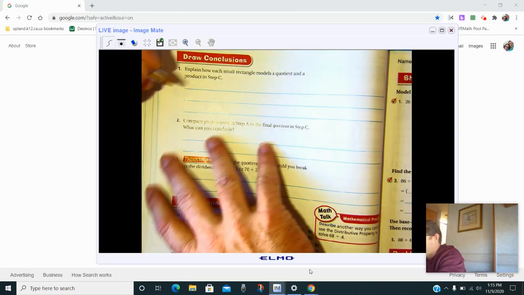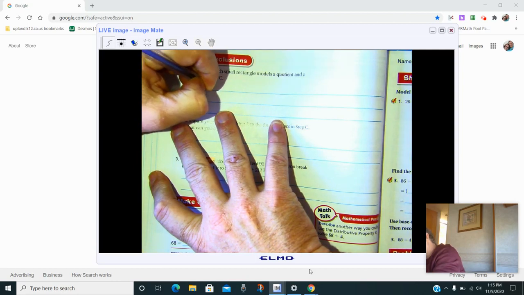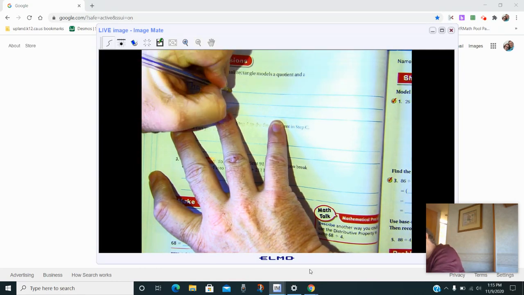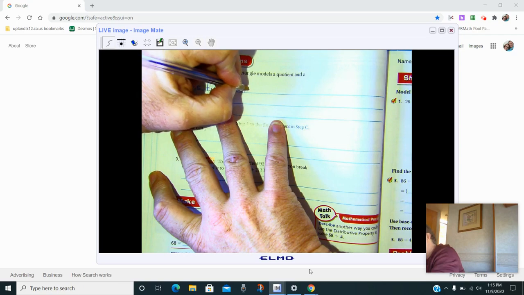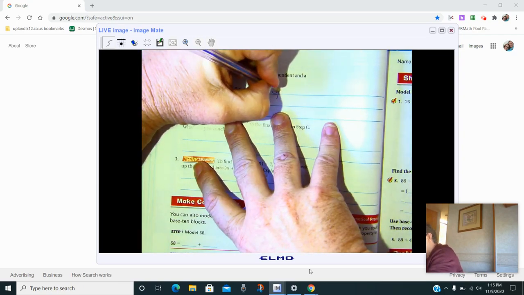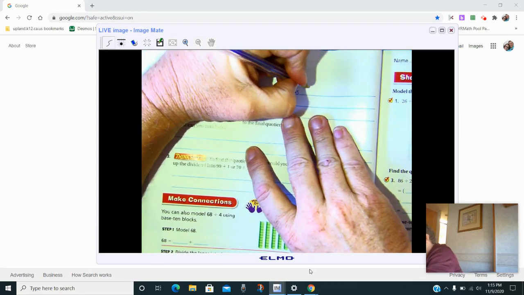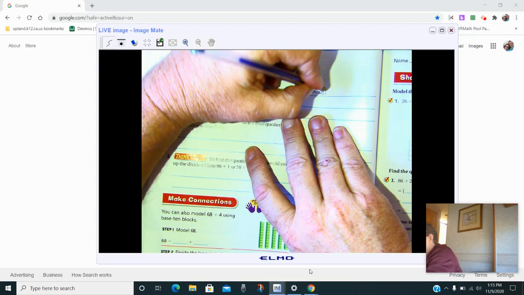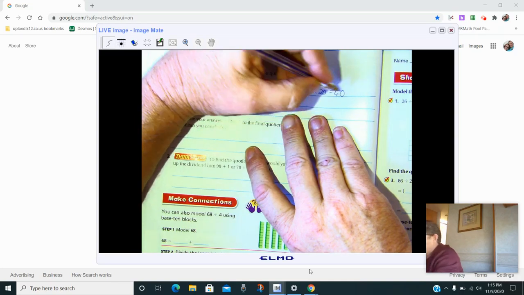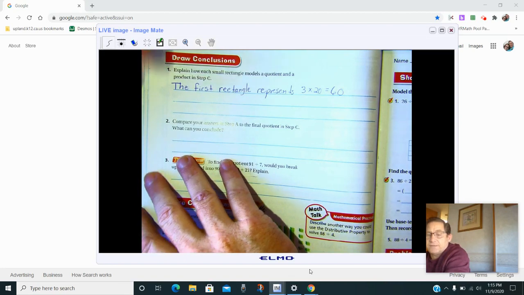Well, the first rectangle represents 3 times 20, which is 60.